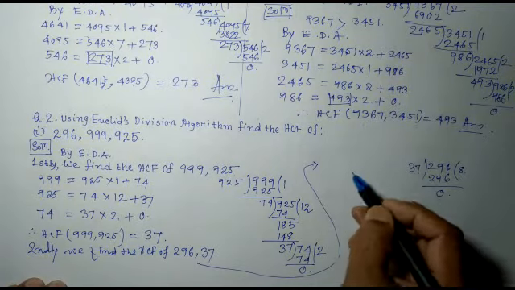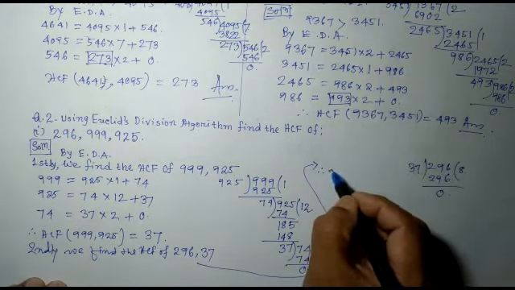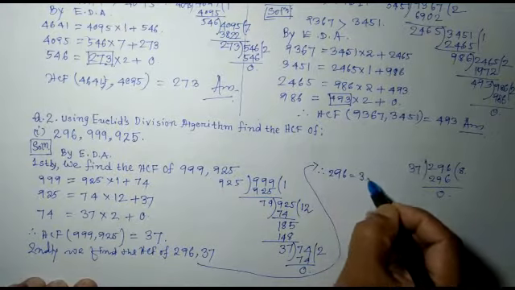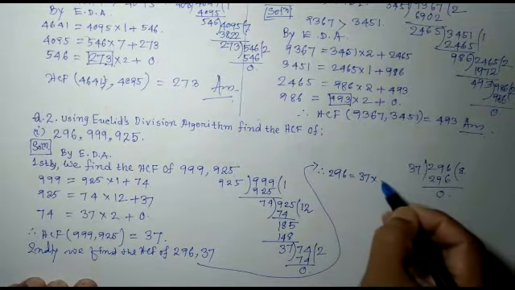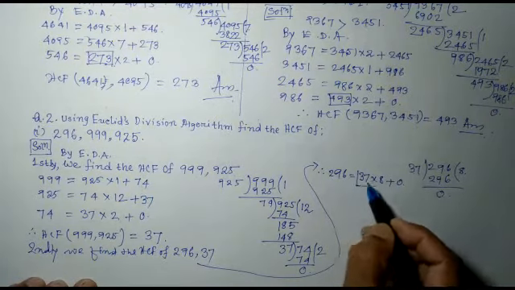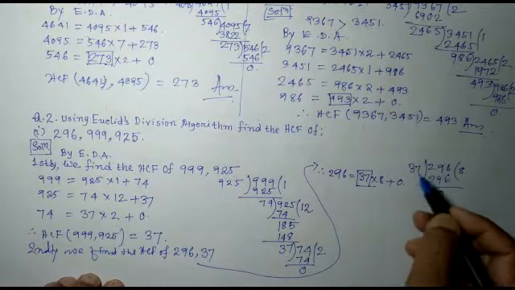Therefore the dividend 296 is equal to the divisor 37 into quotient 8 plus remainder 0.